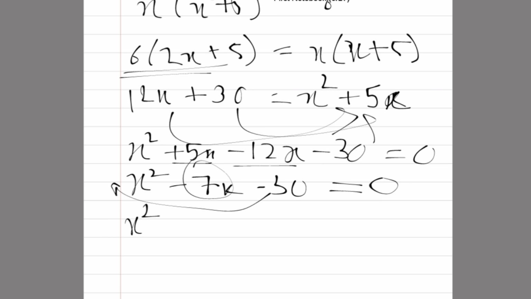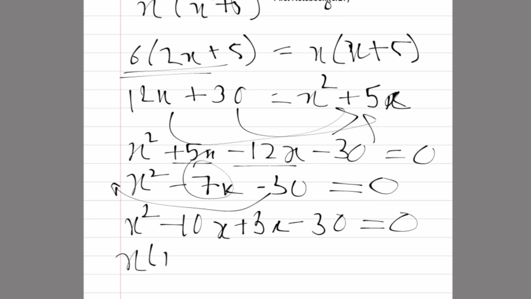So x square minus 10x plus 3x minus 30 is equal to 0. Taking x common from the first two terms, we get x into (x minus 10) plus 3 into (x minus 10) is equal to 0, right?